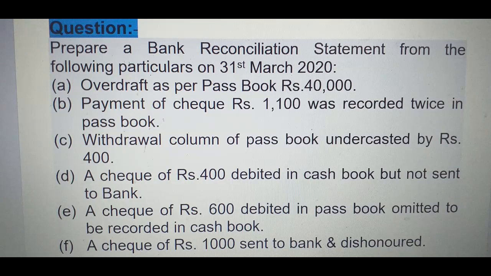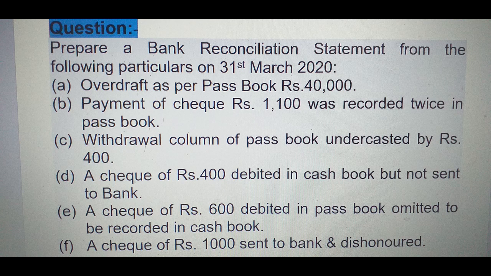Let's understand the question. Prepare a bank reconciliation statement from the following particulars on 31st March 2020. A. Overdraft as per passbook rupees 40,000. It will come under minus item. B. Payment of check rupees 1100 was recorded twice in passbook. C. Withdrawal column of passbook undercasted by 400 rupees.